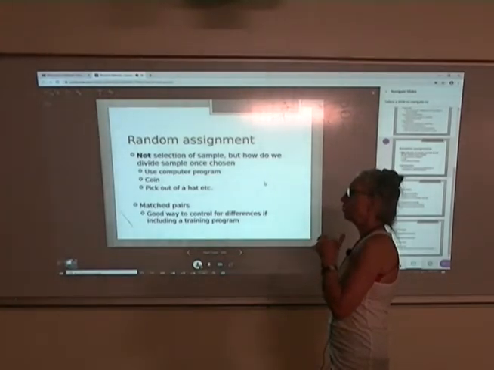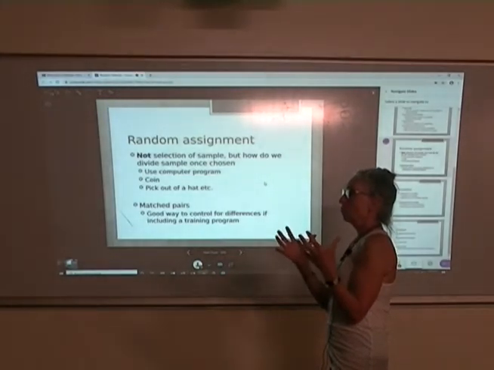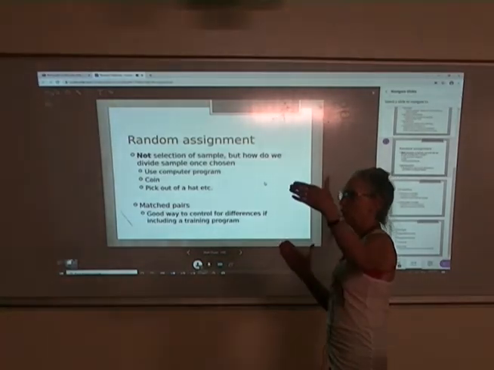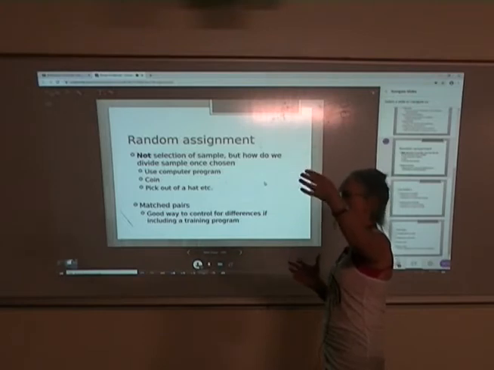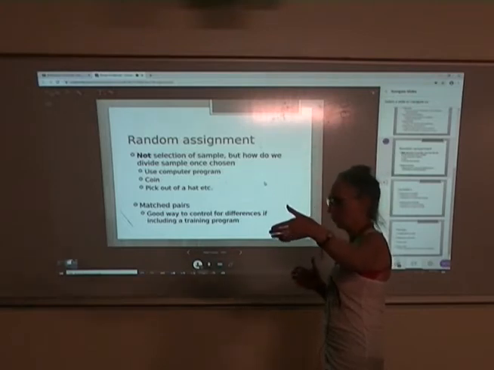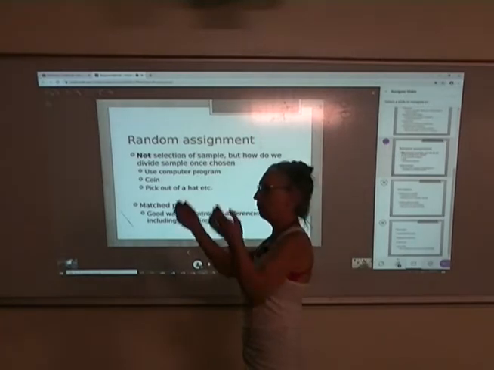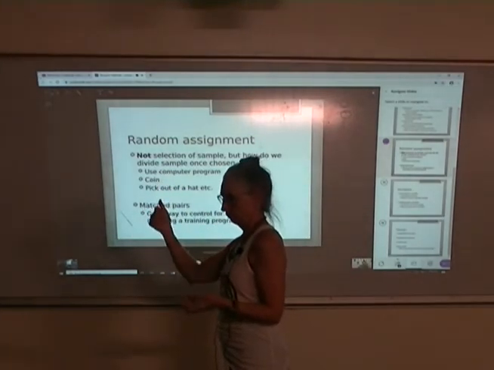Because we need to be able to say, oh, I didn't know that there were three people who all ran a marathon last year in this group, right? Because I divided them up by tossing a coin, okay?